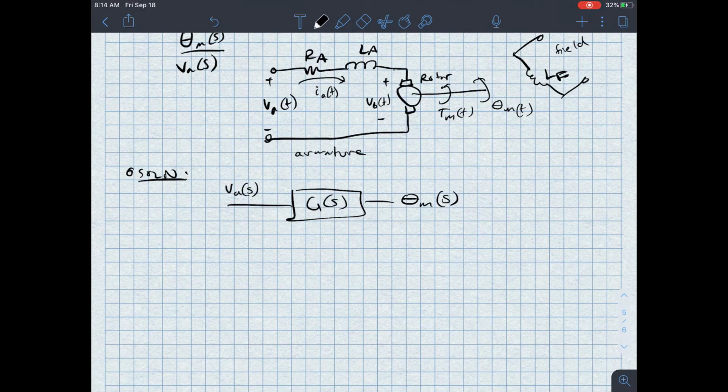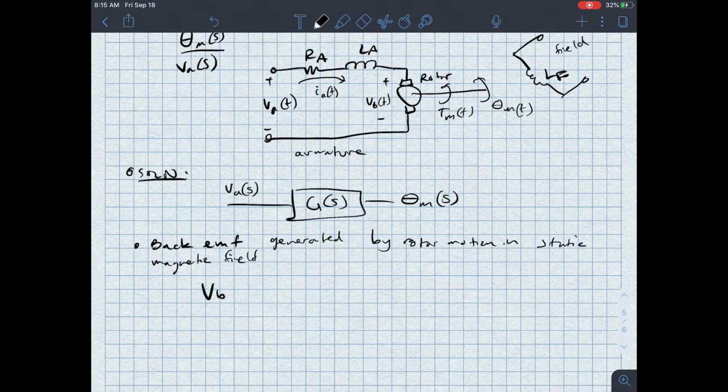To start, we're going to use some rules from electromagnetics. There is a back EMF, electromotive force, generated by the motion of a rotor in a static magnetic field. That's VB of T, the voltage across that rotor.